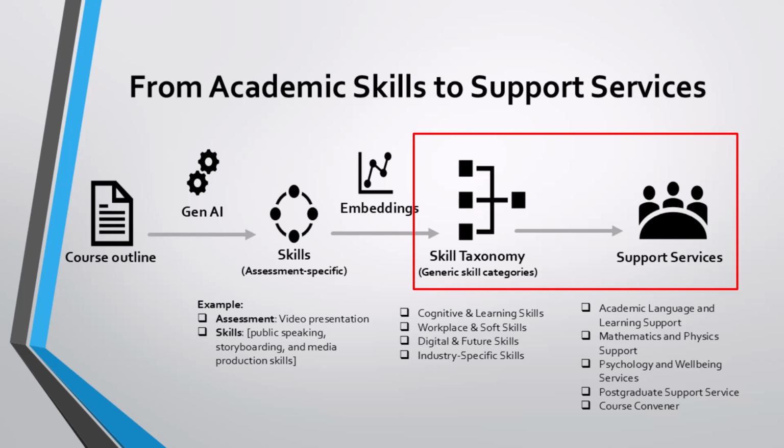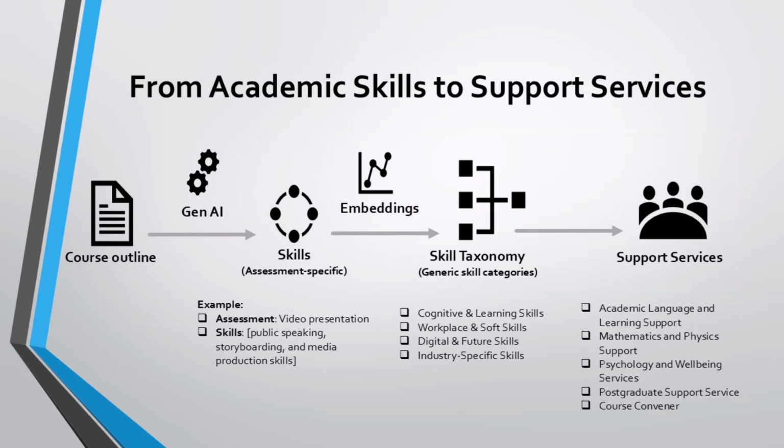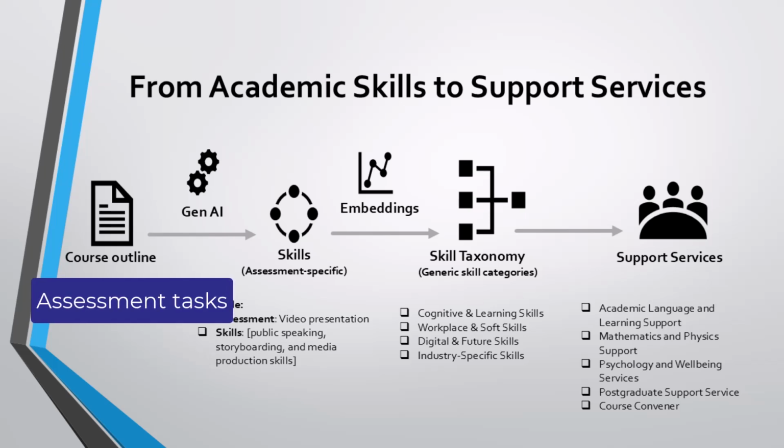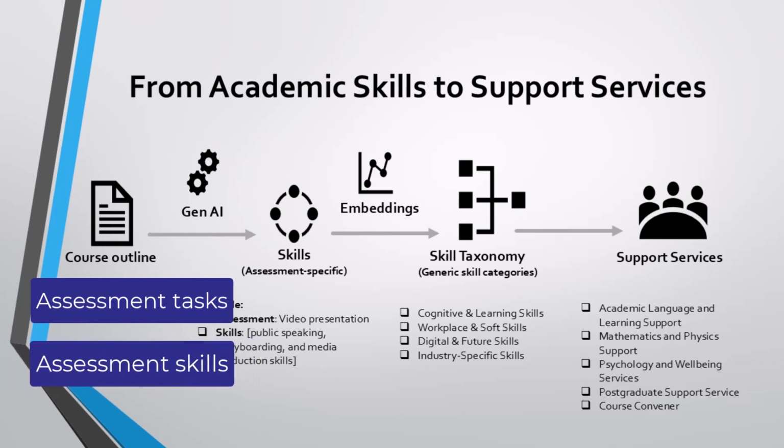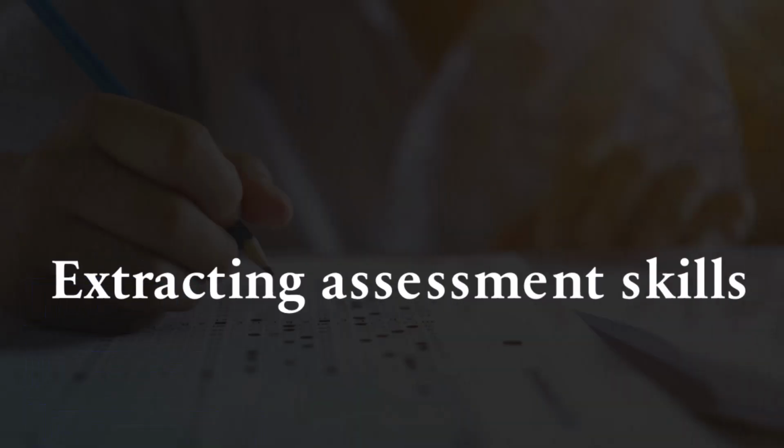So now, instead of just saying, you need to improve this skill, we can actually say, here's a workshop or resource that can help you improve this exact skill. In the end, the goal is simple. Help students understand what their assessments are asking for, figure out what skills they need, and give them the right tools to succeed. All right, so the next step is to actually extract the skills for each assessment.